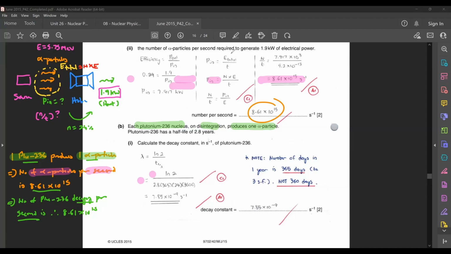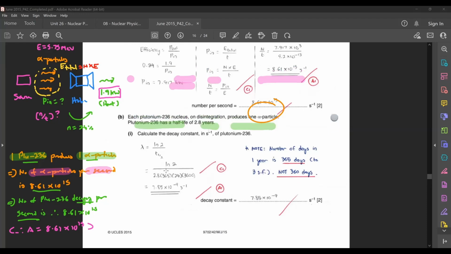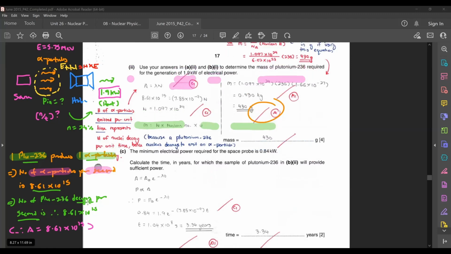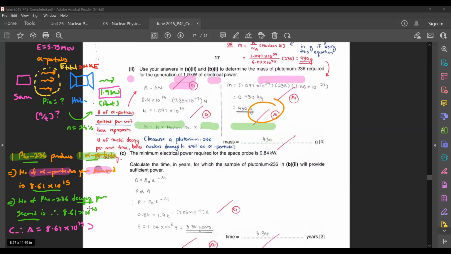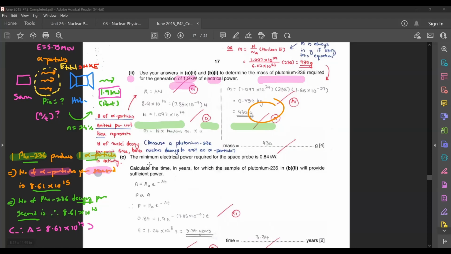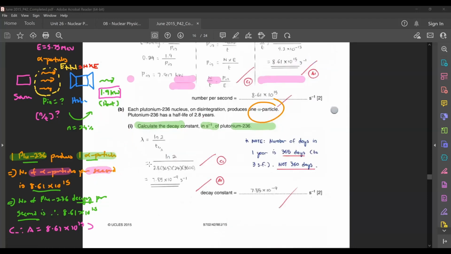Okay, so here is where you can say that therefore your activity of your plutonium-236 is 8.61 times 10 power 15. Okay, if you recall the definition for activity from last lesson, activity is rate of nuclei decay. How many nuclei have decayed per second? So here, just by looking at this, you can actually deduce that the activity of your plutonium nucleus is actually 8.61 times 10 power 15.